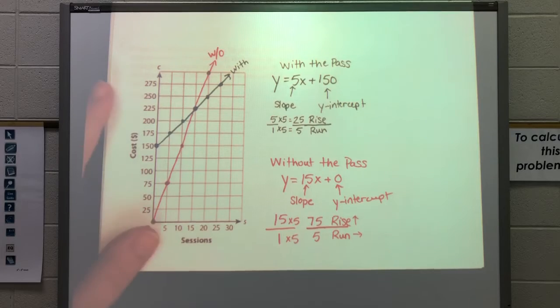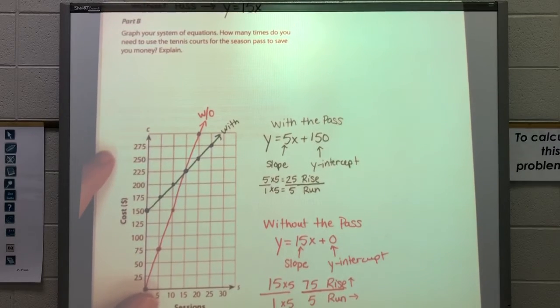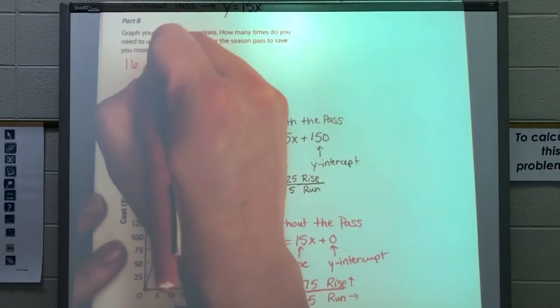Okay, I'm going to go back up to the question itself. Part B. How many times do you need to use the tennis courts to save money? 16 times.